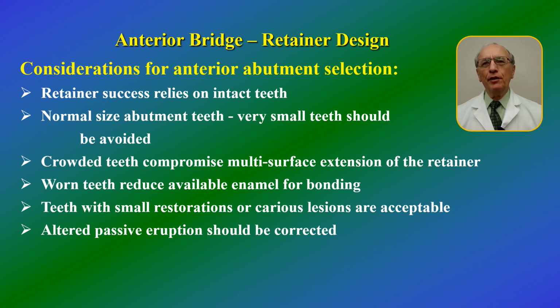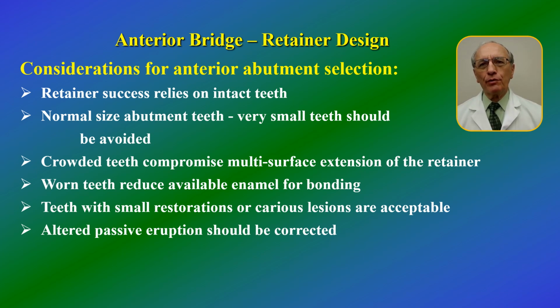Considerations for anterior abutment selection, especially during the early phase, included intact teeth or limited to intact teeth. Abutment teeth should be normal in size. Very small teeth should be avoided. Crowded teeth compromise the multi-surface extension of the retainer. Worn teeth present less enamel surface for bonding.